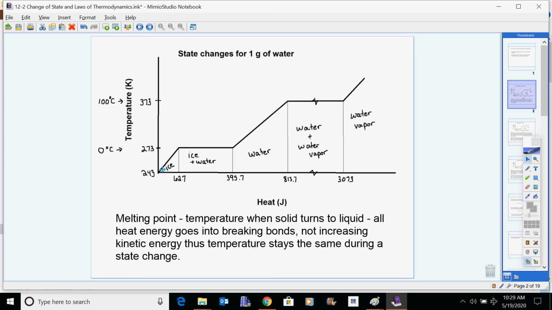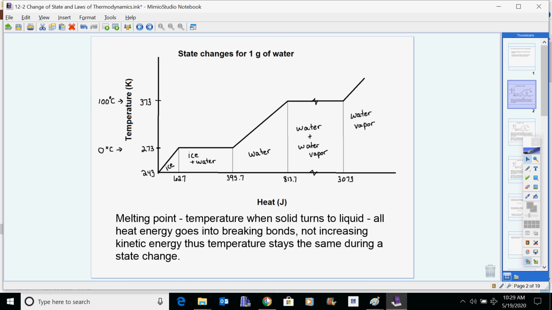What will happen is that ice will get to be warmer and warmer ice until it hits a certain temperature, and that temperature is what's known as the melting point. After you make warmer and warmer ice until you get to 0 degrees Celsius or 273 Kelvin, at that point, when you begin to add heat energy to that ice, something different happens.